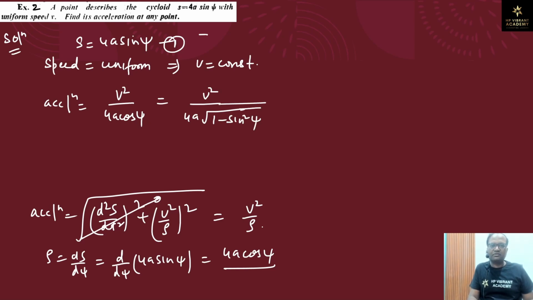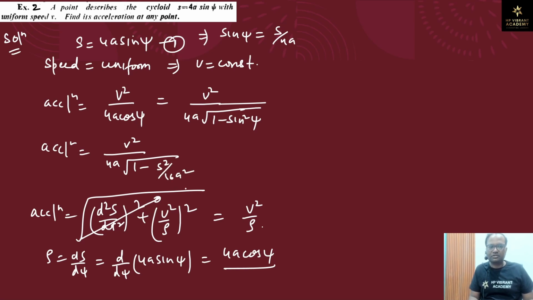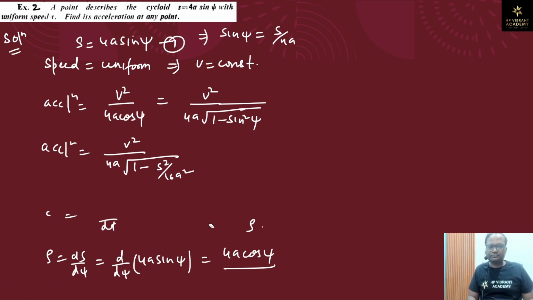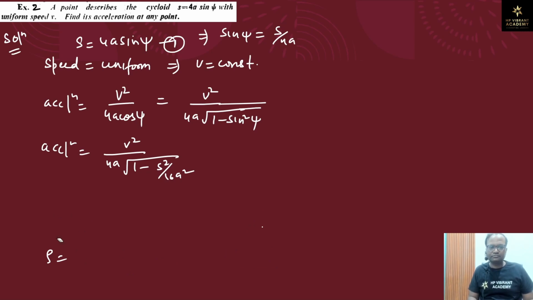Okay, from here we have sin of psi is equal to s upon 4a. So we have acceleration is equal to v square upon 4a into square root of (1 minus sin square psi), which is 1 minus s square upon 16a square. This we can write as acceleration is equal to v square upon 4a into 4a upon square root of (16a square minus s square).